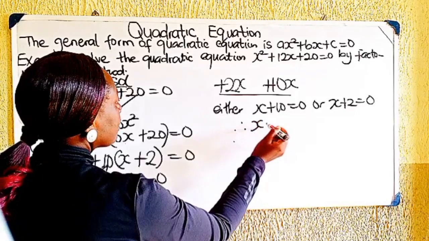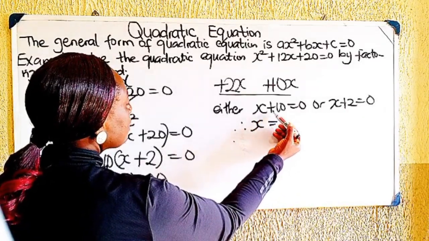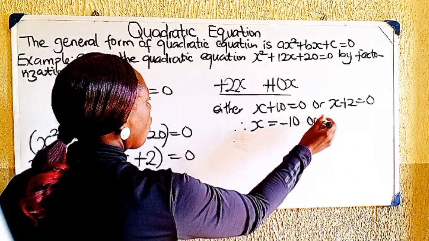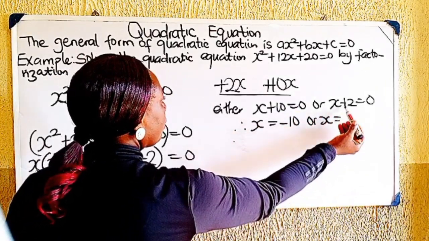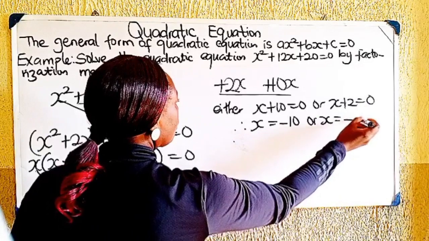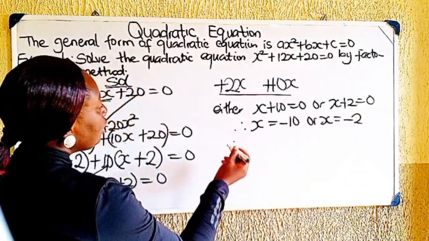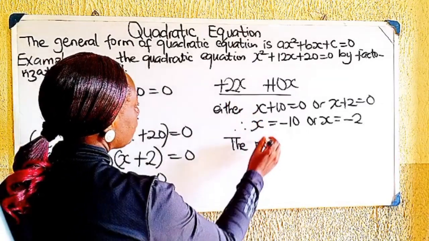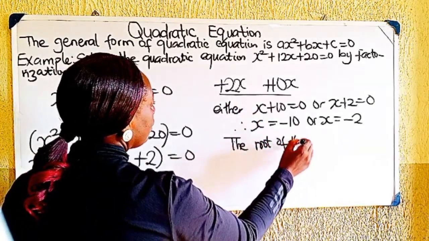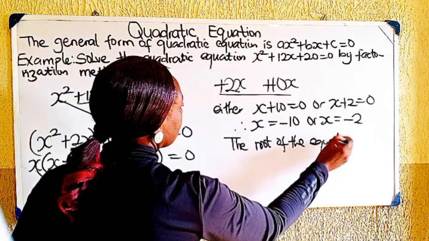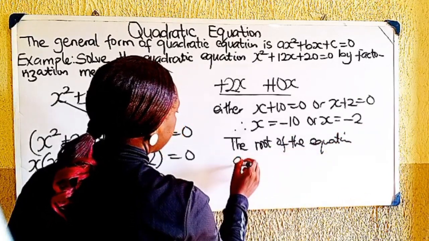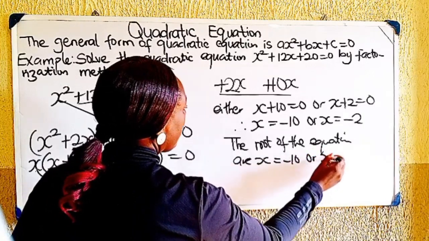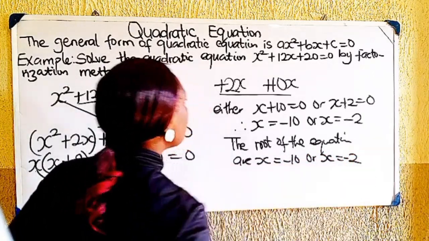Therefore, x is equal to, this plus 10 will cross a plus sign, giving me what? Minus 10, or x equal to, plus 2 will cross and give me what? Minus 2. So the roots of the equation are x equal to minus 10 or x equal to minus 2.